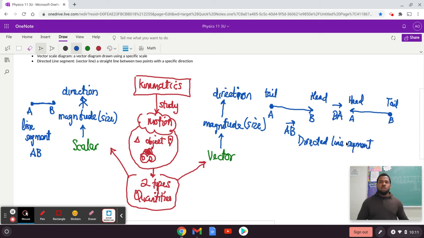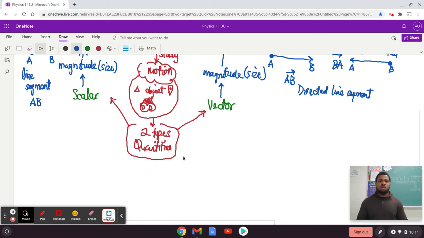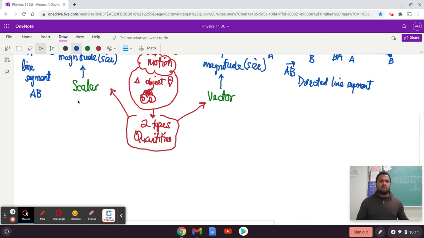Once we have this established, let's look at other ways by which a scalar quantity differs from a vector quantity based on motion. Take note that the motion we're talking about here is just straight line motion. One example of a scalar quantity is distance.